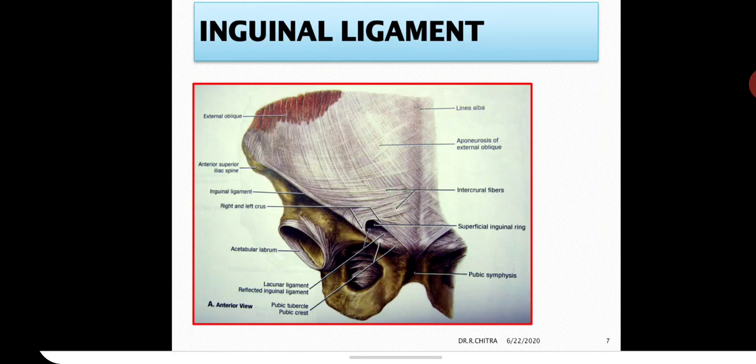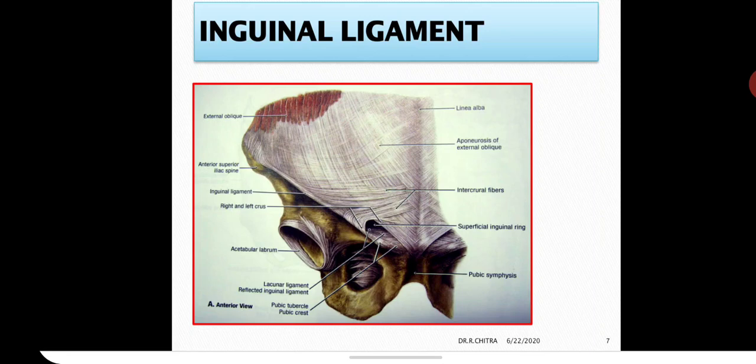The third modification is the pectineal ligament or Cooper's ligament. It is not shown clearly in this image. Just now we have learnt the lacunar ligament, where it is attached.